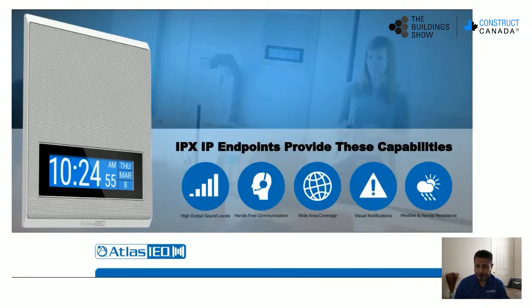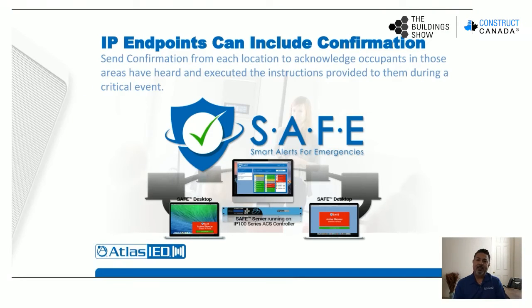Once a client has been presented the capabilities of these types of critical alerts using the Atlas IP endpoints, a question comes up quite often: how do we confirm that all the occupants in all the spaces have actually heard the notifications and did what they were supposed to do, or in a school environment, have all their students?